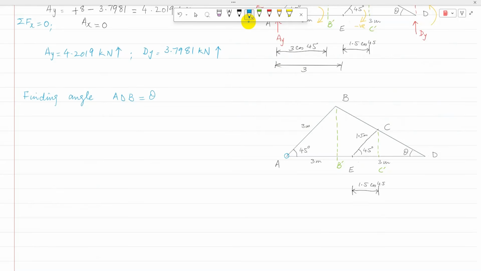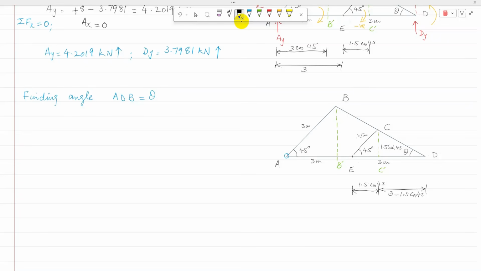So now finding angle ADB, which is theta. Again, I'll use that here is 1.5, so angle is 45. Then EC dash is 1.5 cosine 45, and then CC dash will become 1.5 sine 45. The total distance from E to D is 3 meters. So in the triangle CDC dash, this distance will be 3 minus 1.5 cosine 45.